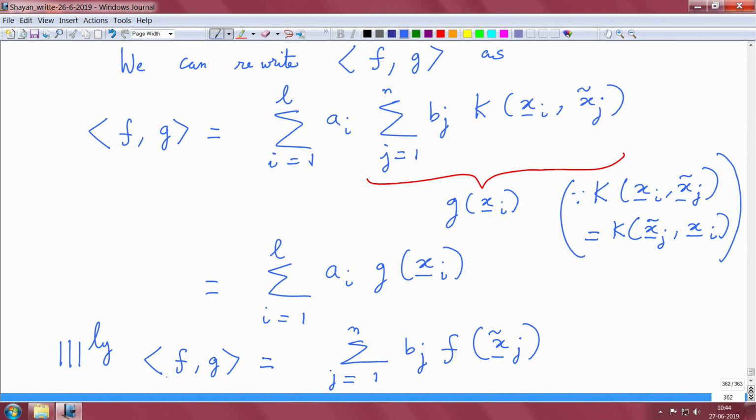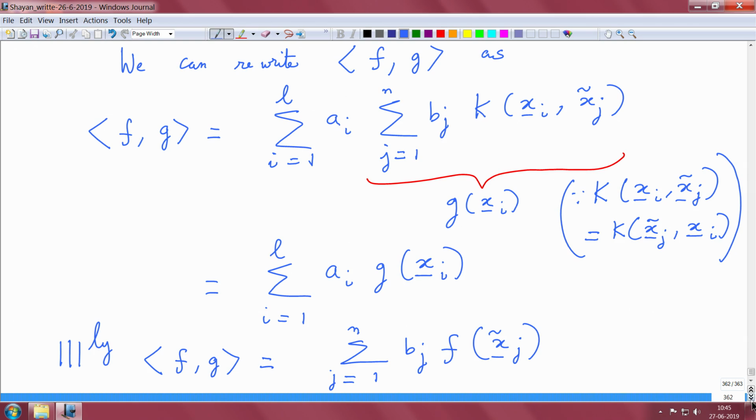Likewise, when we look at this second form, which is summation j equals 1 to n of bj f of xj tilde, this is invariant to L, this vector a of coefficients, and the points xi. So that means we have two different ways in which we can represent the bilinear forms, and we will find these properties useful.